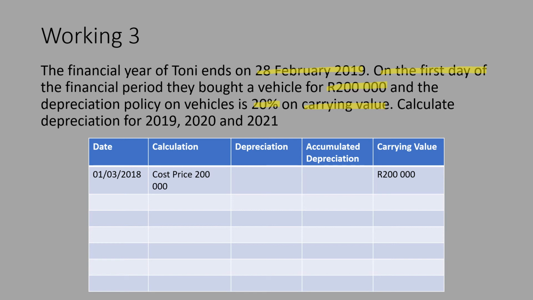So first year depreciation, 28/02/2019, will be 200,000 times 20%, which is 40,000. Then accumulated depreciation will be 40,000. Then our carrying value will be 160,000.